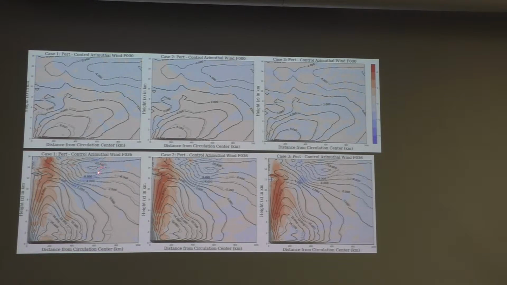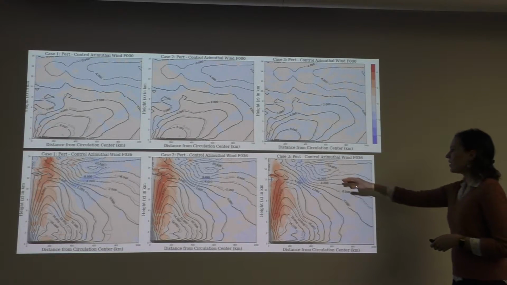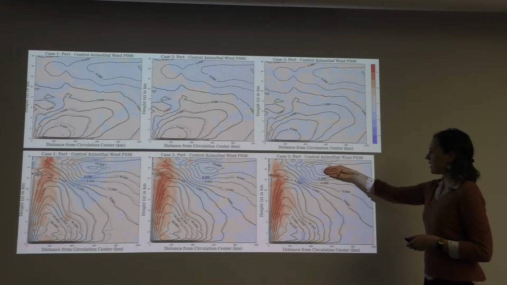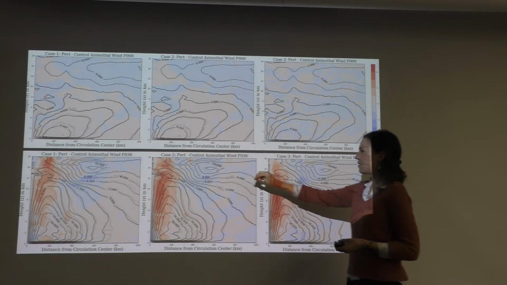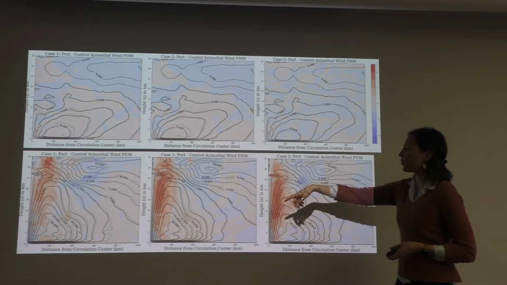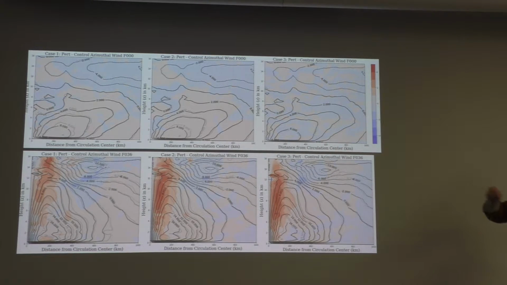You also see a slight increase in the anticyclone above, and there's an interesting shift in the case of just perturbing the radial component. The anticyclone shifts slightly inward, whereas the azimuthal perturbations and the full wind perturbations expand outward slightly.